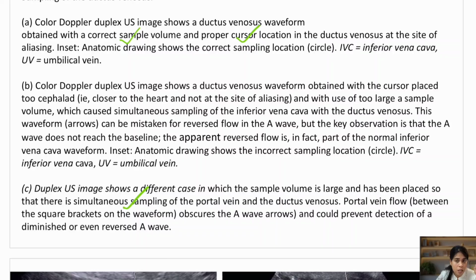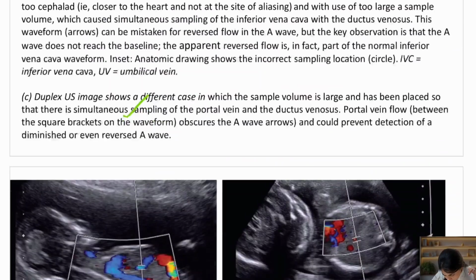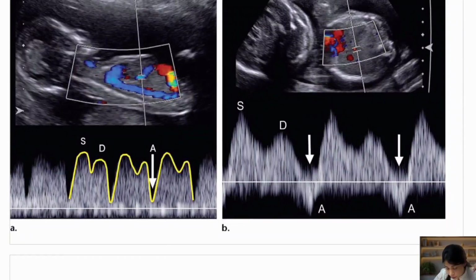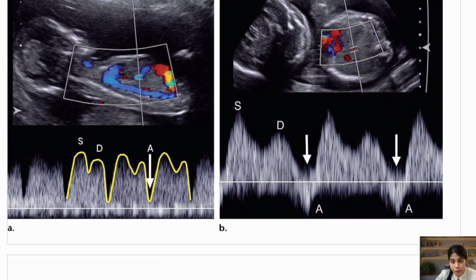It should be at the site of aliasing, not towards the heart or towards the IVC end. Okay, so cursor placement is very important. So this is how the normal waveform pattern looks, the S wave, the D wave, and this A wave. Okay, and this is how the abnormal reversal of A wave looks. Okay, so it can be done in sagittal images, this sagittal, or it can be done on axial images also.